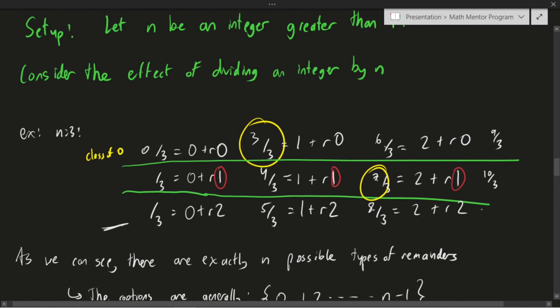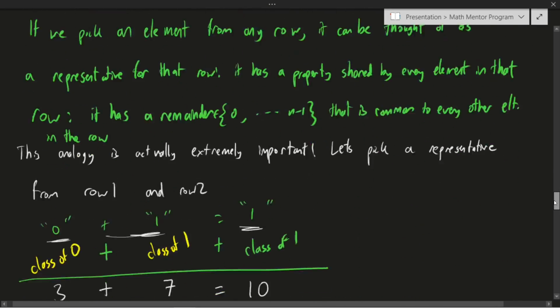If we just continue the table here, we go 11 over 3, then we go 12 over 3, and look at that. 11 ends up in the class of 1. Okay? Exactly as we predicted. So let me just write that down here again. Okay. Perfect.